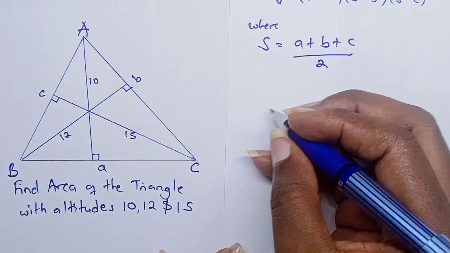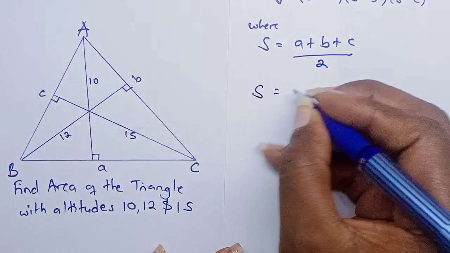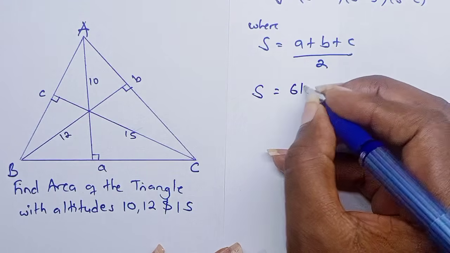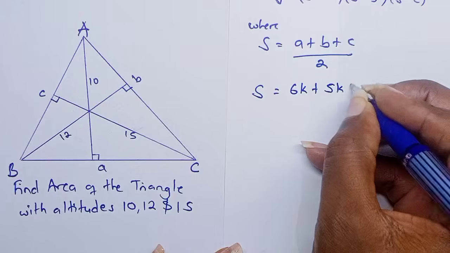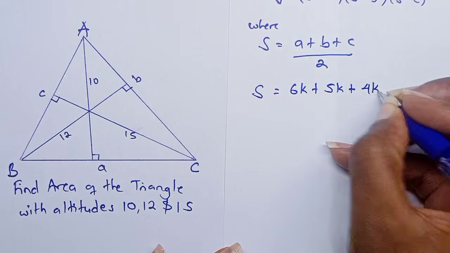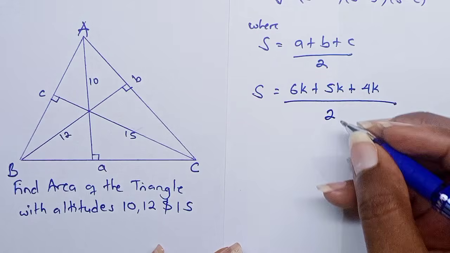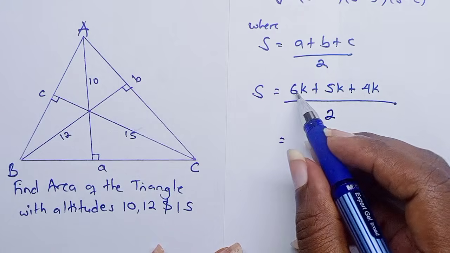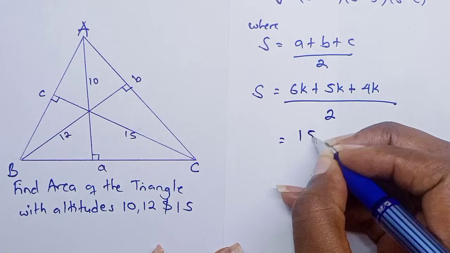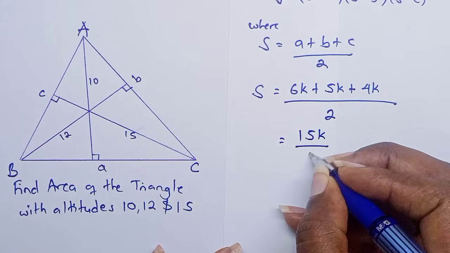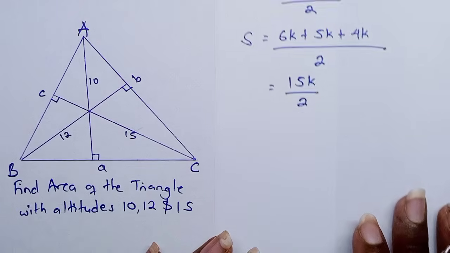Remember we have a as 6K, b as 5K, and c as 4K, all over 2. When you add these, you get 15K, so we have 15K over 2.